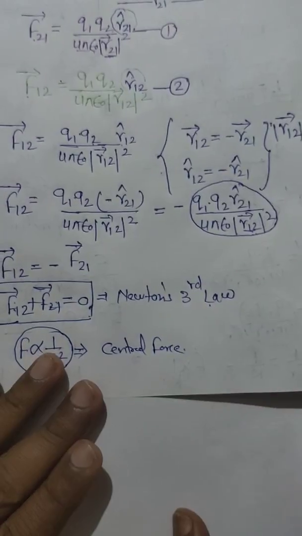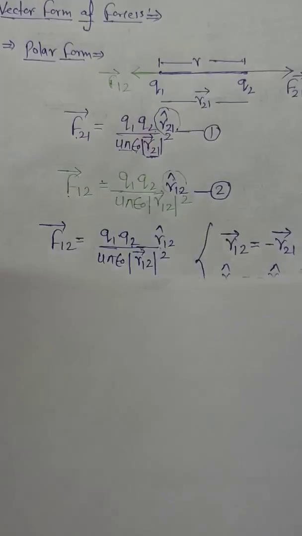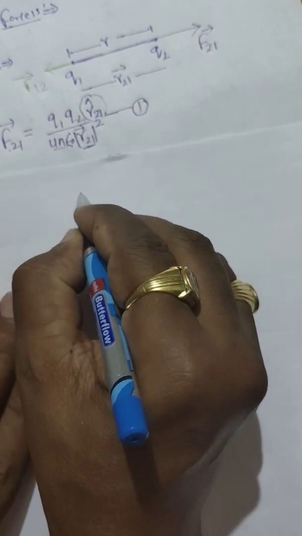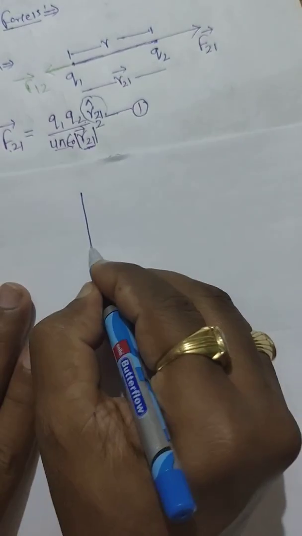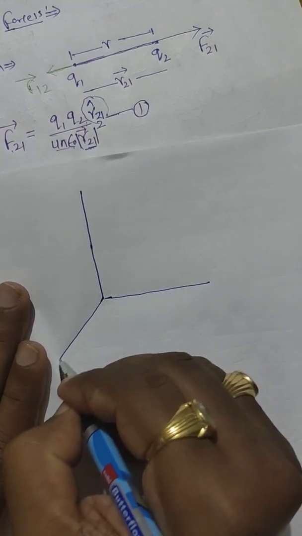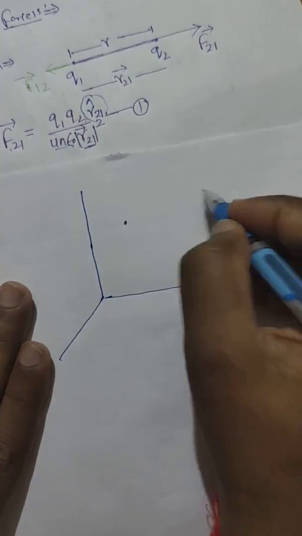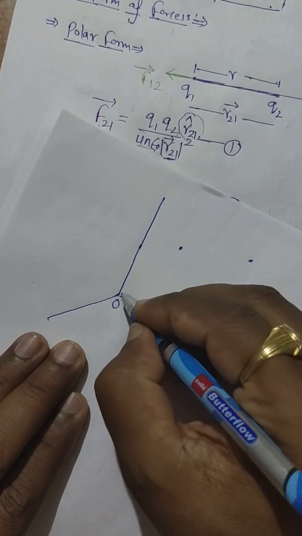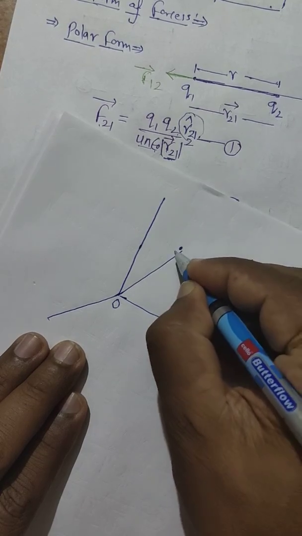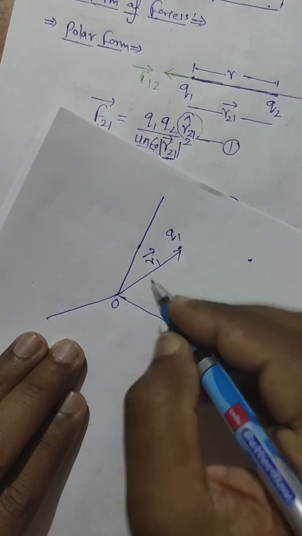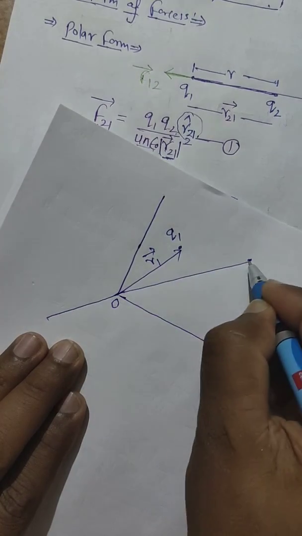But now the next topic is the vector form of Coulomb's law in the Cartesian system. Suppose we have two charges, one charge is this and another charge is this. This is the origin. The position vector of this charge is R1 vector. Suppose the magnitude of this charge is Q1 and this is Q2.